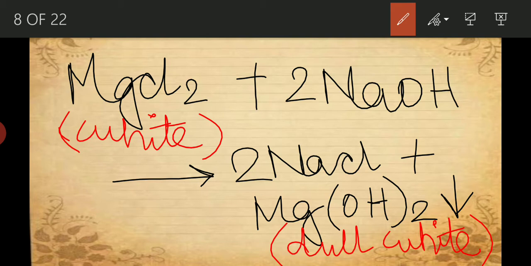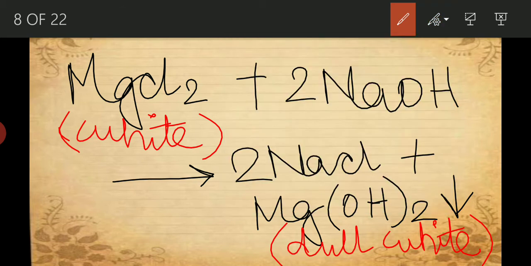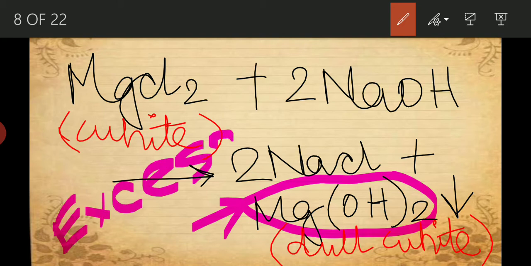Precipitate means it is not soluble, right? Magnesium hydroxide is not soluble in NaOH. That's why it forms a precipitate. And if you add excess NaOH, then also this magnesium hydroxide will be insoluble.